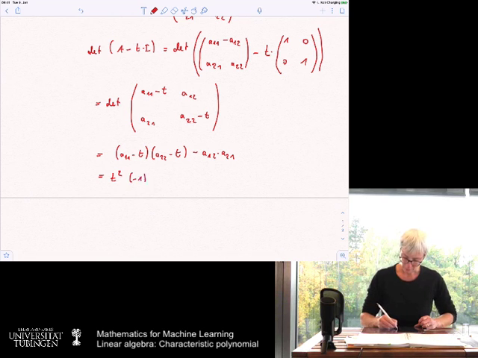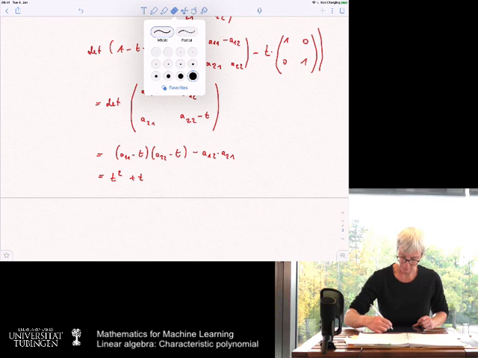And we don't have a factor of minus 1 here. And then we have the linear terms plus t times, how often do we have t? We have it minus a11, sorry. No, my rubber is too large.